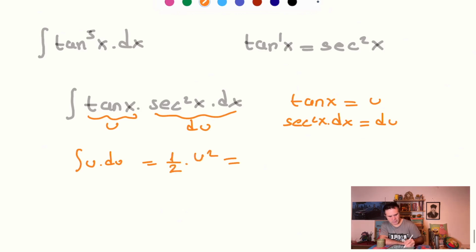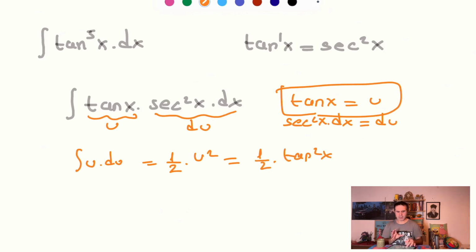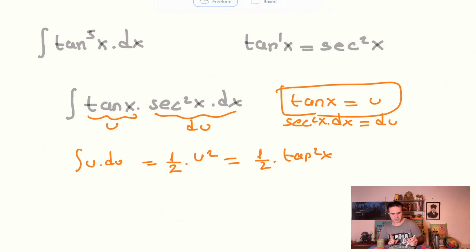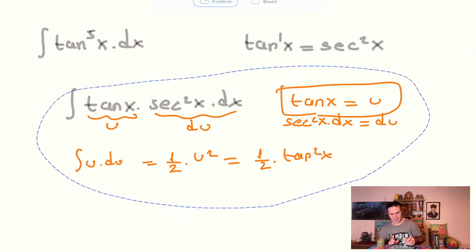And since we set tangent x equal to u, the integral becomes 1 over 2 times tangent square of x. In all such integrals, if we have tangent x and secant square of x dx, we use this substitution method.